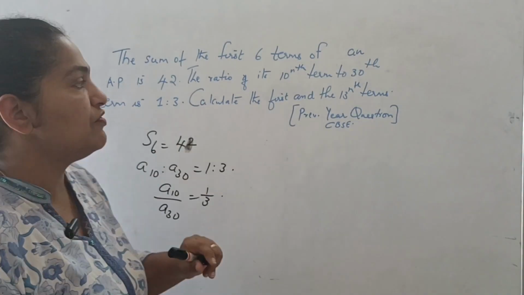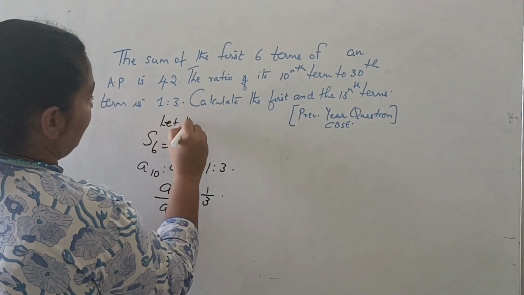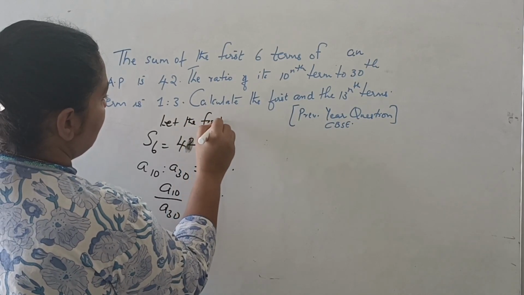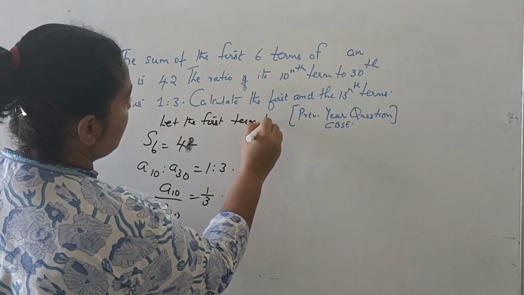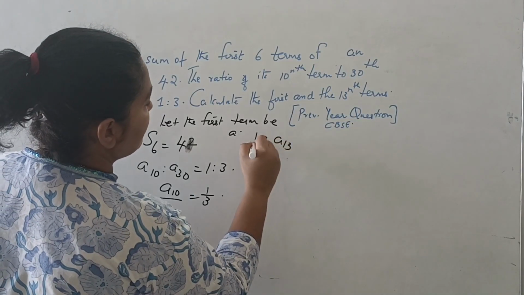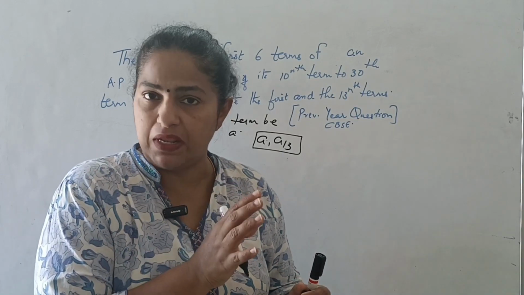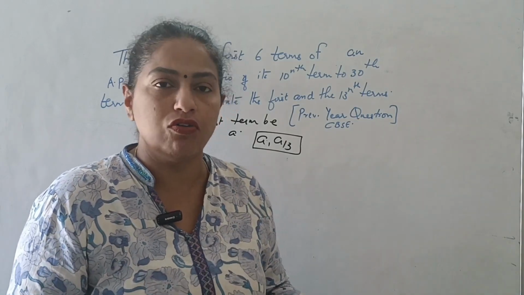Now we have to find the first and the 13th term. So let the first term be A. And we need to find A as well as A13. So once you find A, the other data will just fall into place. So we can find the 13th term also.